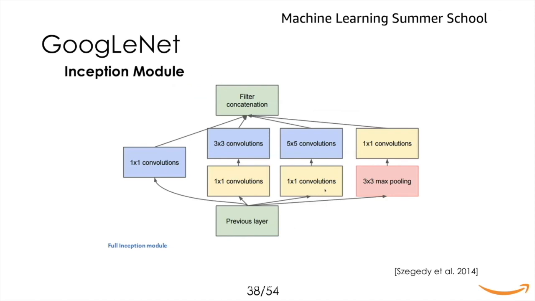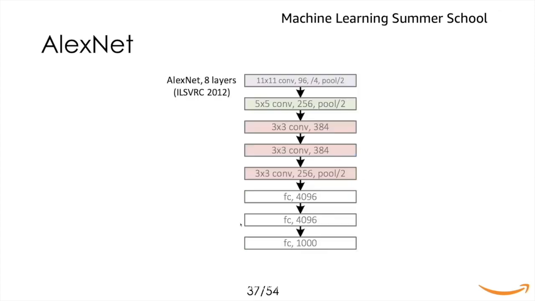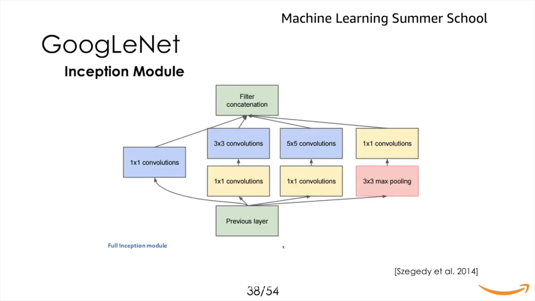And this is GoogleNet. In GoogleNet, you have a new module which is introduced called the inception module. So the inception module, instead of extracting features at a single scale using a single set of filters as in AlexNet, where for example an 11 cross 11 filter is used and then a 5 cross 5 filter is used and so on, in the GoogleNet inception module, at a time you use filters of different dimensions.